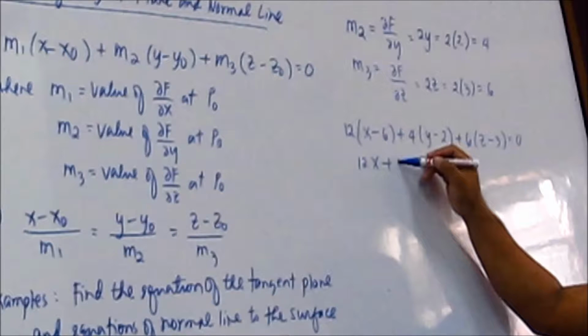What about now the equation of the normal line? For the equation of the normal line, we will use the second formula, which is formula B. So using that, you have x minus x sub 0, which is 6, all over m1, where m1 is equal to 12, equals y minus y sub 0, which is 2, all over m2, which is 4, then equals z minus z sub 0, which is 3, all over 6.